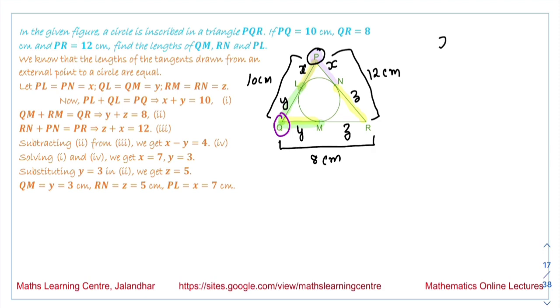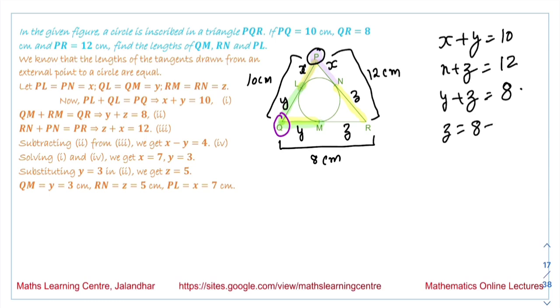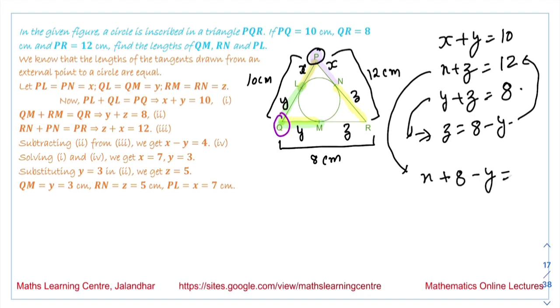So the equations we have are X plus Y is equal to 10, X plus Z is equal to 12, and Y plus Z is equal to 8. Now if we calculate the value of Z from the last equation, we get 8 minus Y. We substitute this value in the second equation and obtain X plus 8 minus Y equal to 12.